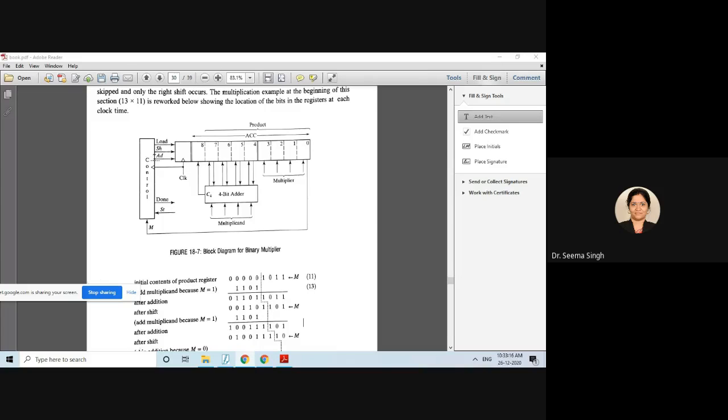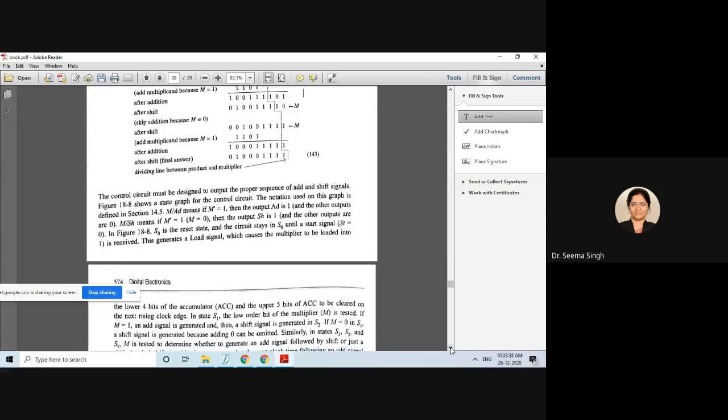And this add signal says that it has to add. Because it is a sequential circuit, the clock will be governing everything, because each operation happens in one clock cycle. Once 4 times shifting is done, then this done output signal says that done is equal to 1, and it gives the final answer.